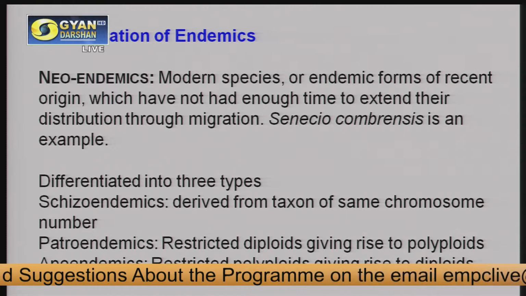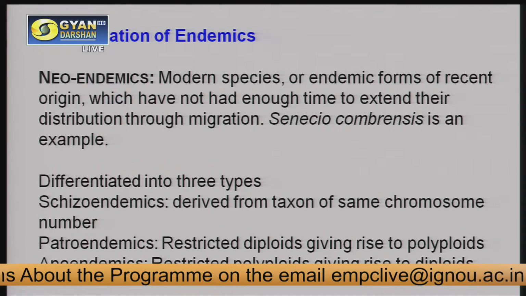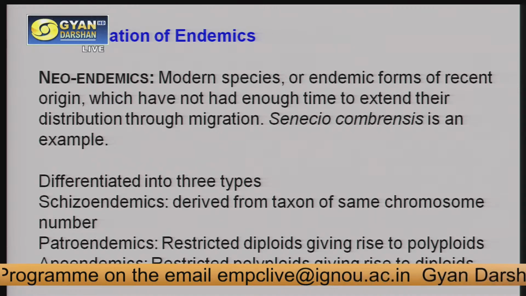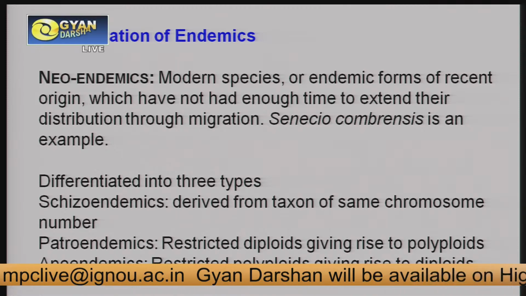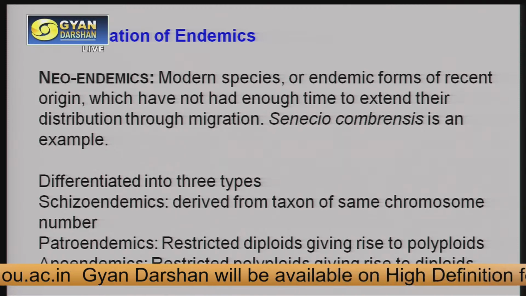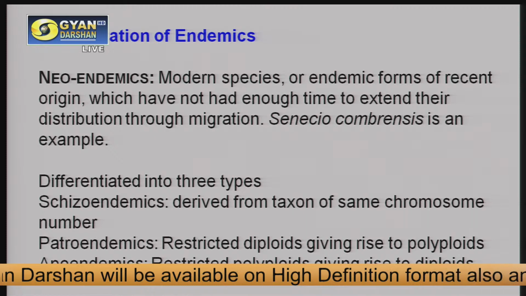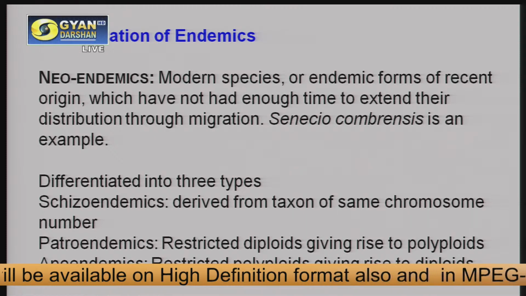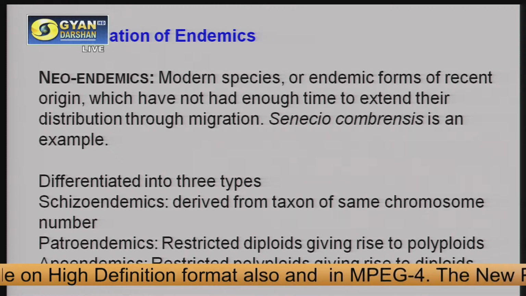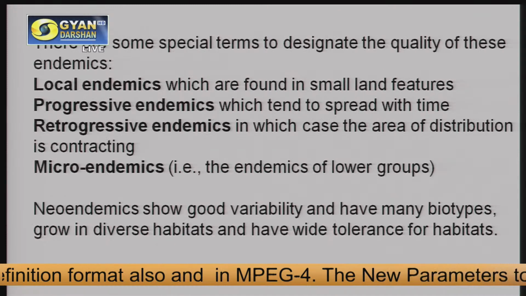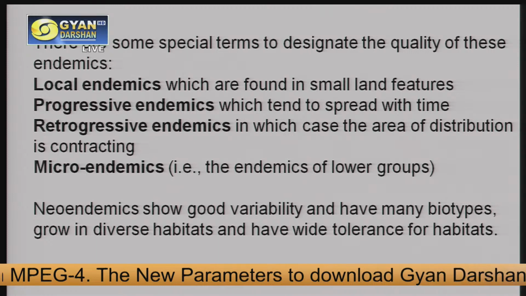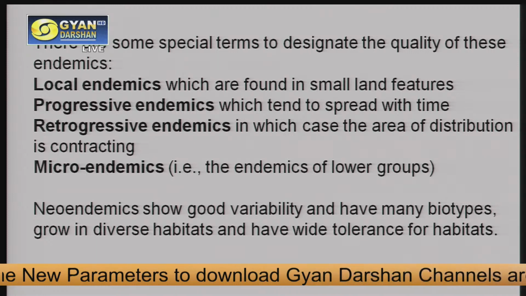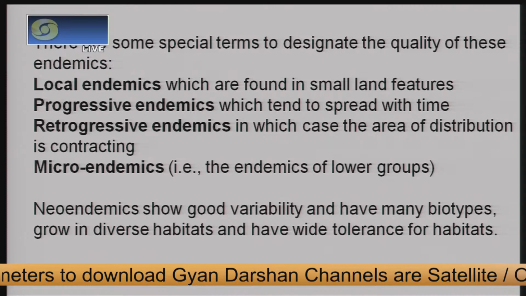This is an example. Now, it can be differentiated into three types: schizoendemics, derived from taxon of same chromosome number; patroendemics, restricted diploids giving rise to polyploids; and apoendemics, just the reverse, restricted polyploids giving rise to diploids. In addition, there are certain other special terms given, like local endemics, which are found in small land features.